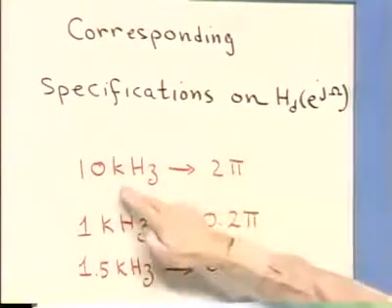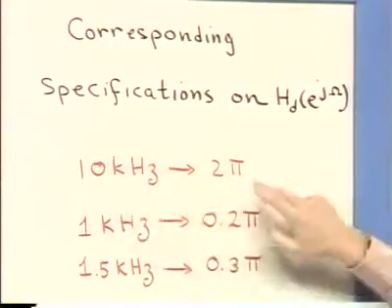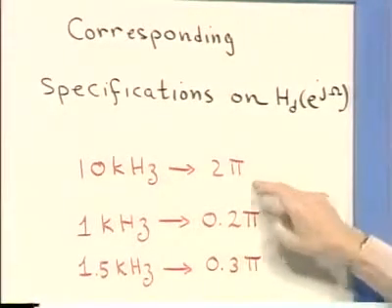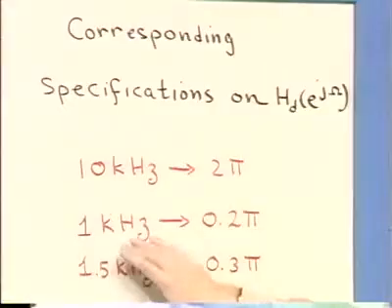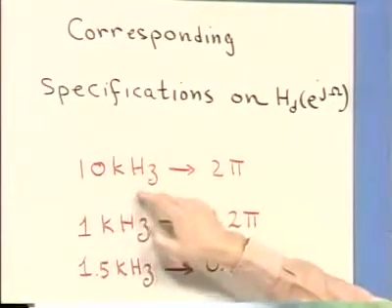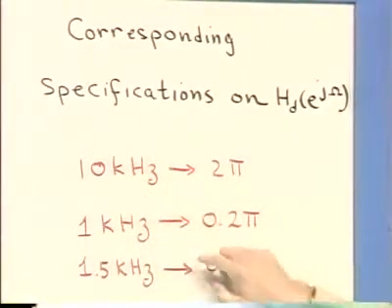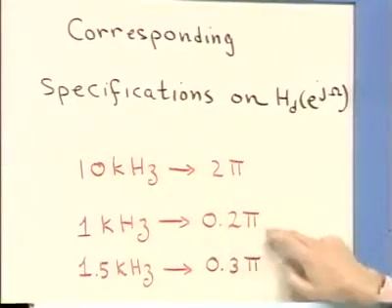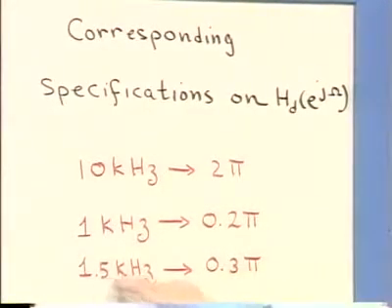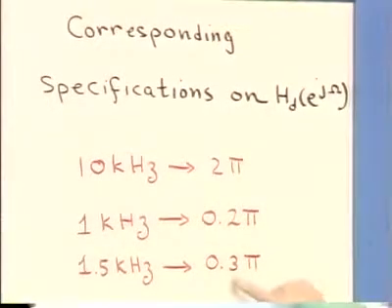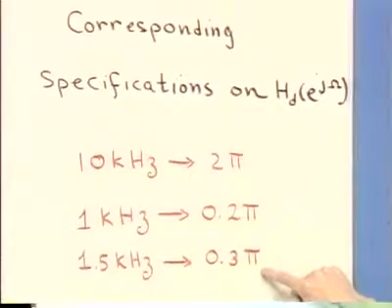In particular, the sampling frequency gets mapped to 2 pi. Well, that means that our other critical frequencies get mapped in proportion to that. So 1 kilohertz, which is a tenth of the sampling frequency, would then convert to a discrete time frequency of 0.2 pi. And 1.5 kilohertz will convert to a discrete time frequency of 0.3 pi.